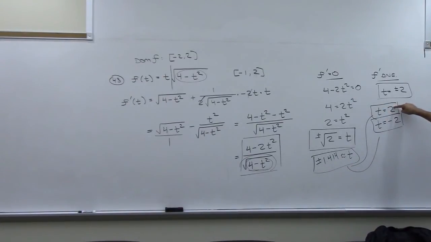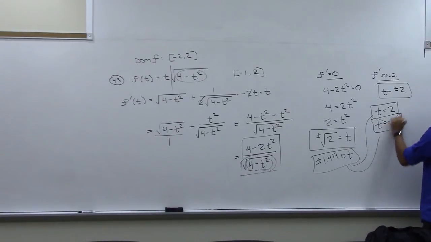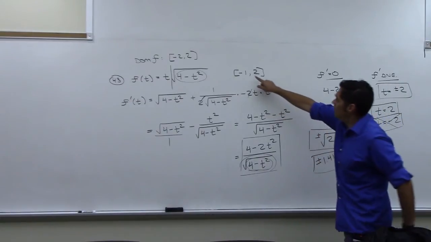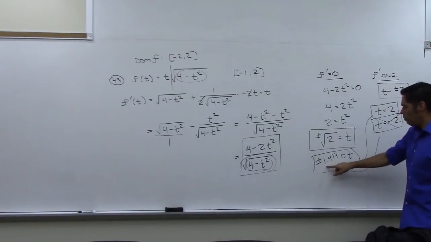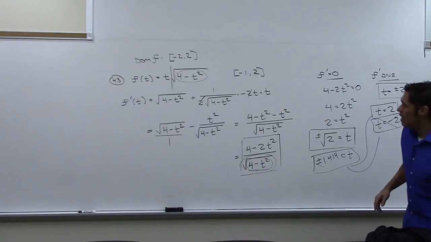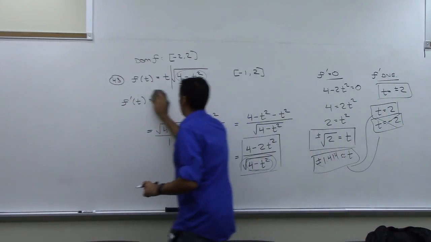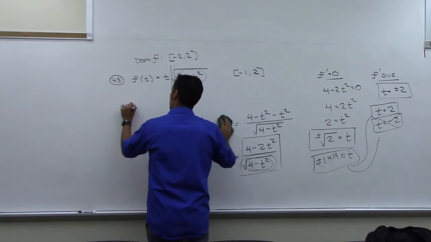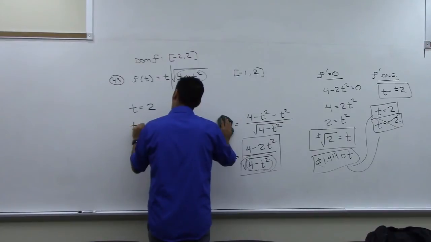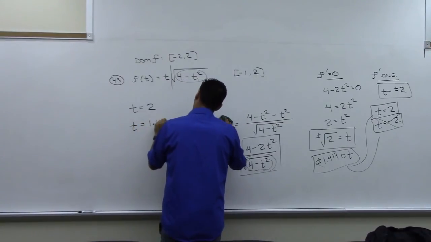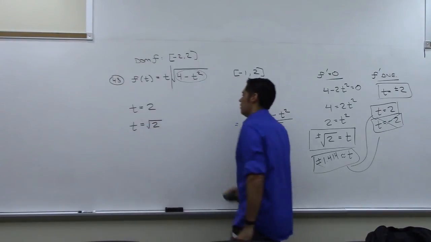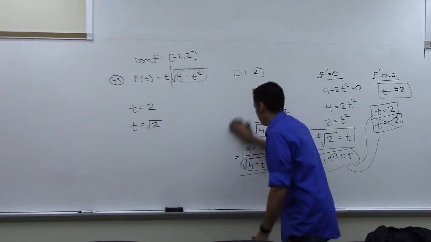Well, 2 is in there, yes. Negative 2 is not, so I'm just going to chunk it. How about positive 1.414? Yes, that lives in here. How about negative 1.414? No, it does not. So at the end of the day I only have 2 critical numbers: t equals 2 and t equals root 2. I'm not going to write 1.414, I'm going to write root 2. Those are my only 2 critical numbers.